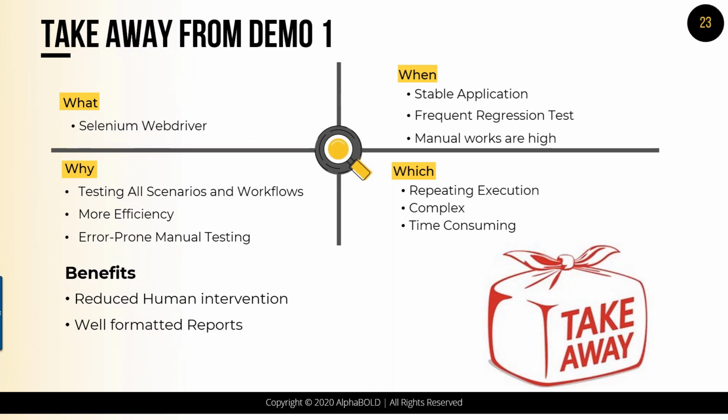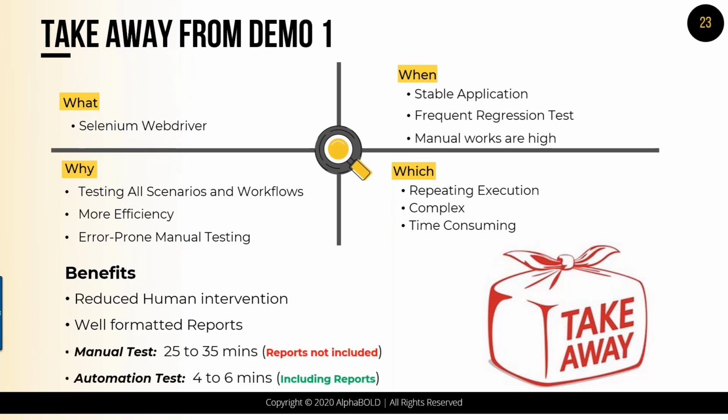And one important point to note here is that before automating, it was taking around 25 to 35 minutes to verify these test cases on a single environment, while report preparation time wasn't included in that. After automating this, it now takes around 4 to 6 minutes to verify the test cases alongside the well-formatted report, with each and every step as pass or fail, as I have shown.